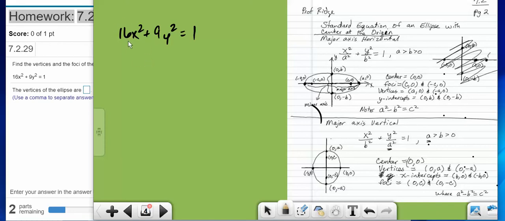So if you have 16 on top here, 16 is the same thing as 1/16 on the bottom. So 16 over 1 is equal to 1 over 16.